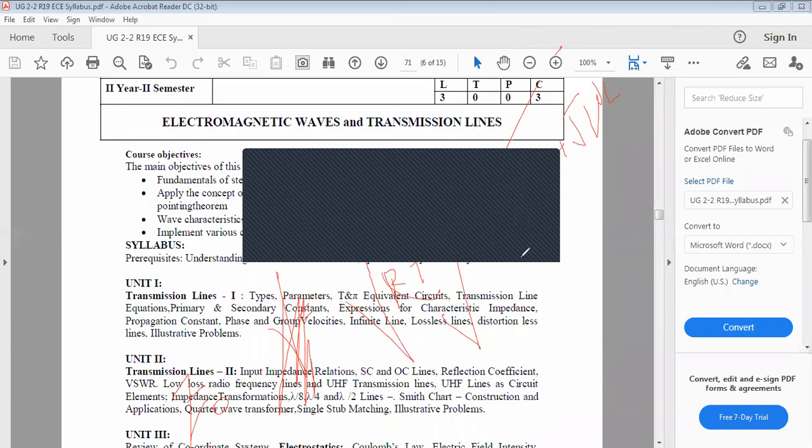That is the difference between the propagation constant and the characteristic impedance. The propagation constant is the square root of (R plus j omega L) into (G plus j omega C), whereas Z naught equals the square root of (R plus j omega L) by (G plus j omega C).